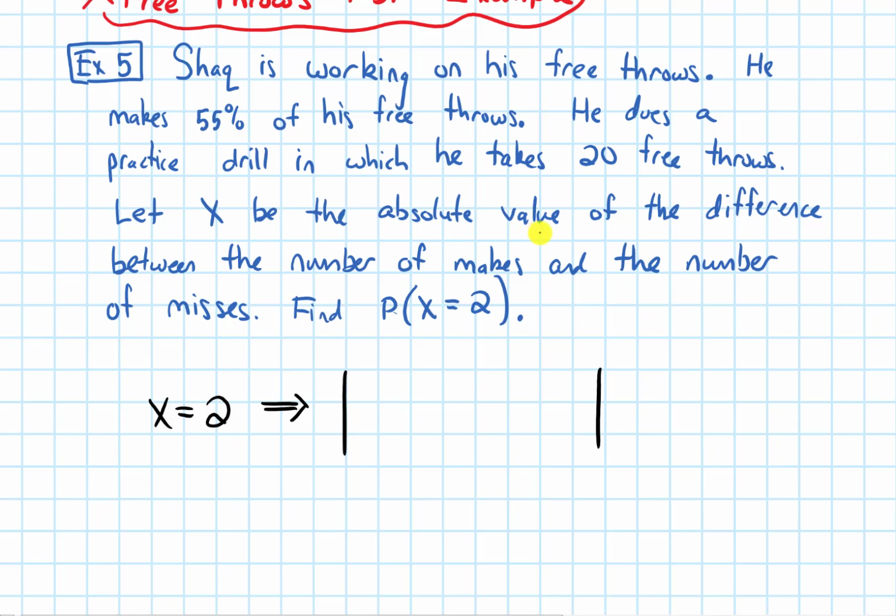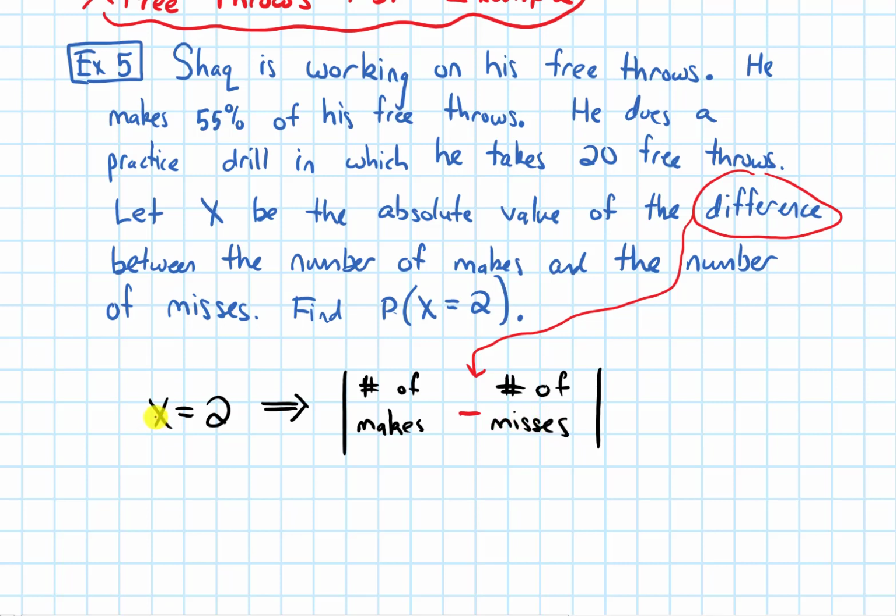It's the absolute value of the difference between something and something. The word difference in math means we are subtracting two things. So what are we subtracting? It's the difference between the number of makes and the number of misses. So we're going to be doing the number of makes minus the number of misses.